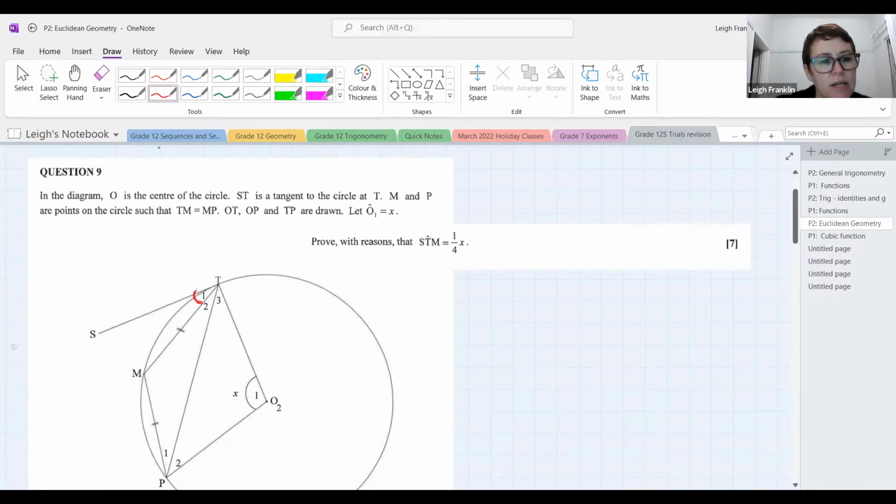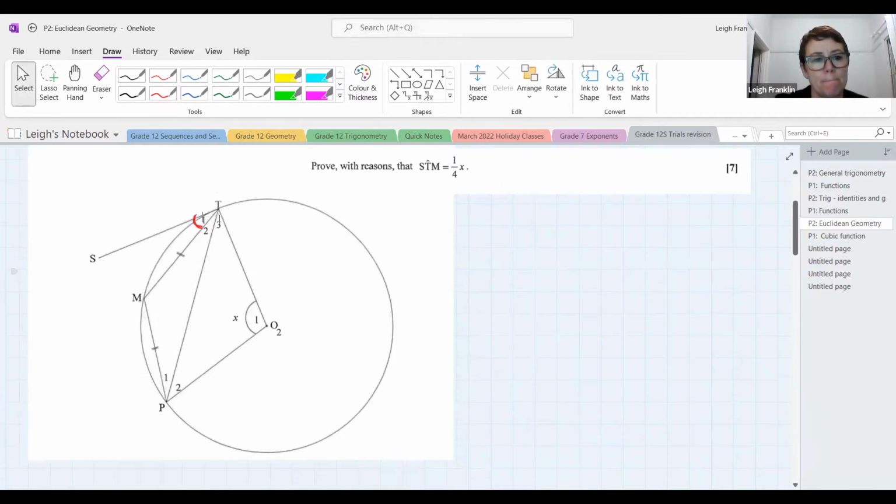If ST is a tangent to the circle, then T1 is the angle between the tangent ST and the chord MT. So what angle does T1 equal? Not O1, unfortunately. There we go. That's it, Aisha, P1.